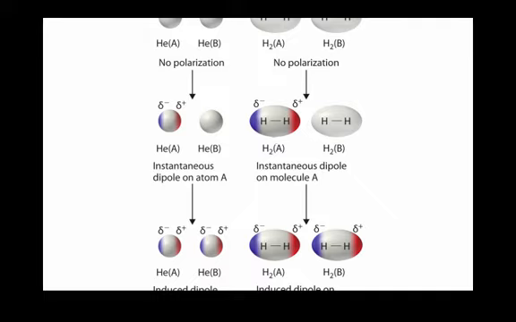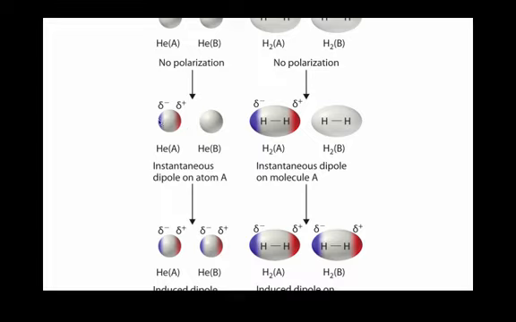So here's an illustration of an instantaneous dipole. Here are our helium atoms. We have no polarization, the electrons are evenly distributed, but in an instant in time, more of the electrons are on one side of the helium atom, resulting in a negative charge on this side of the atom and a partial positive charge on this side.